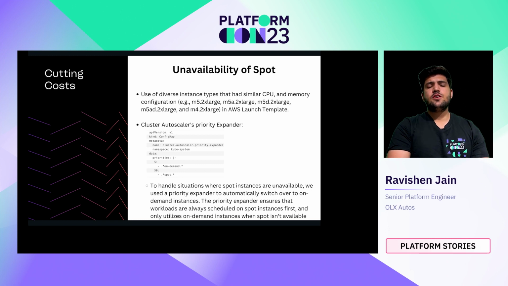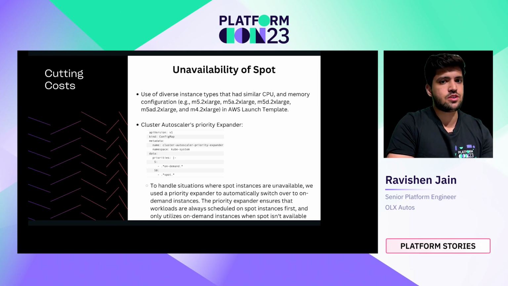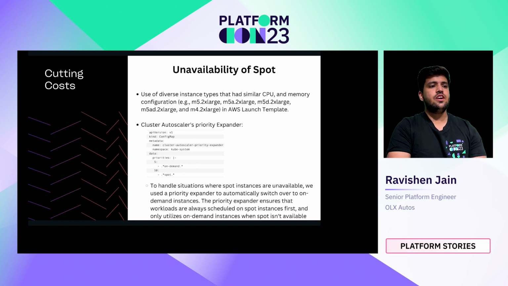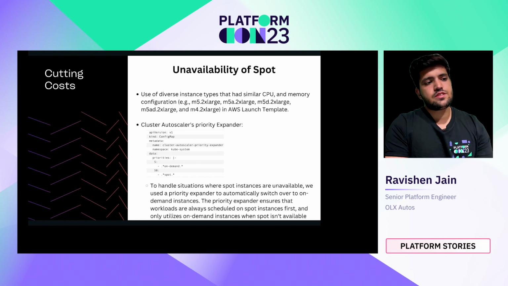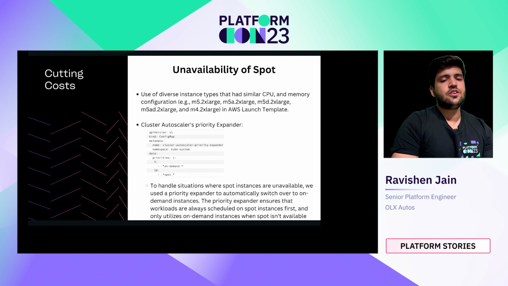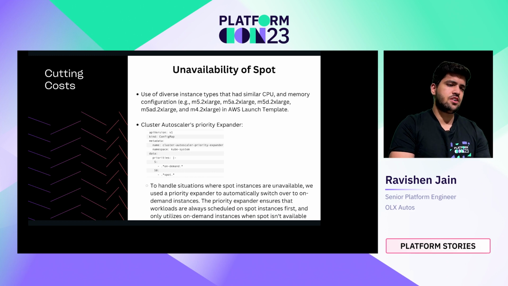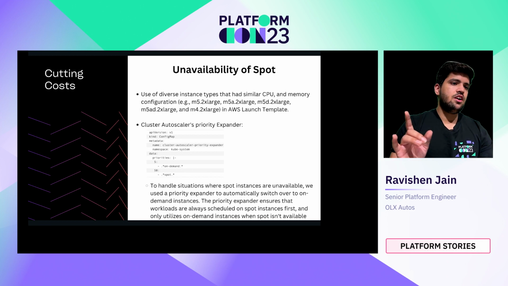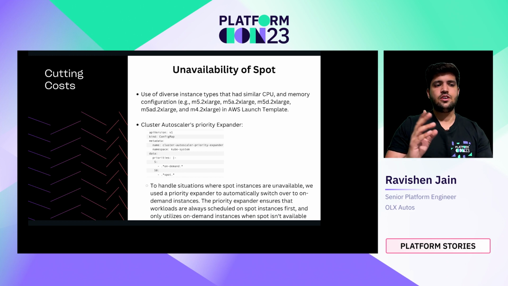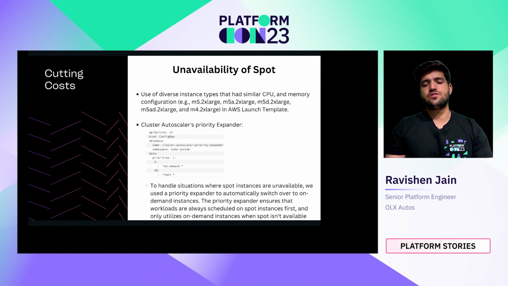And the other piece was how to handle the unavailability of spots. So let's say you are using M5 2x large instances, and if M5 2x large is not available in your region or in your AZ, then how to handle it. So first and foremost, most of us know that instead of using a single instance type, what we could do is create a launch template and include a bunch of similar compute instances together.